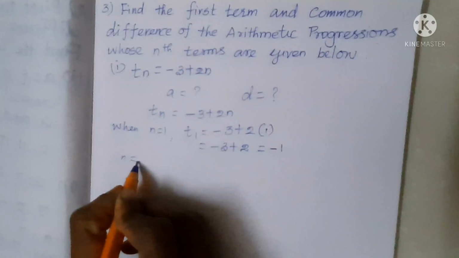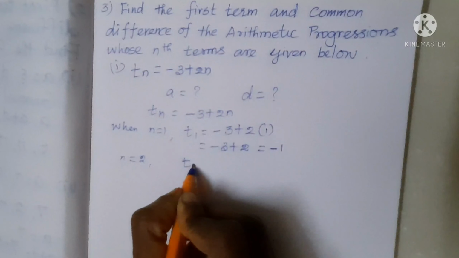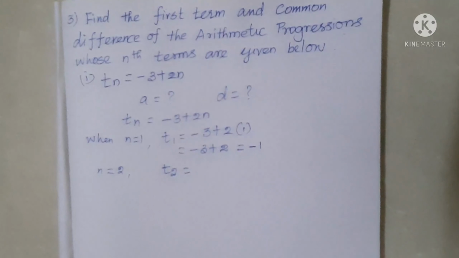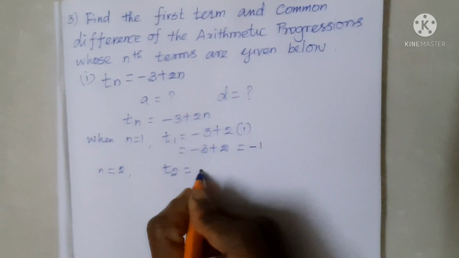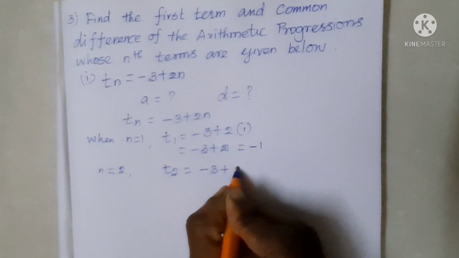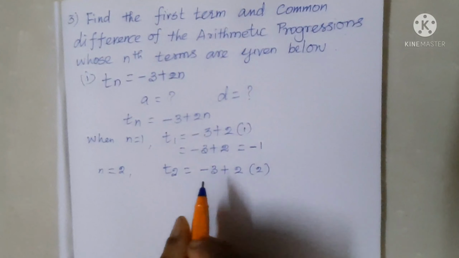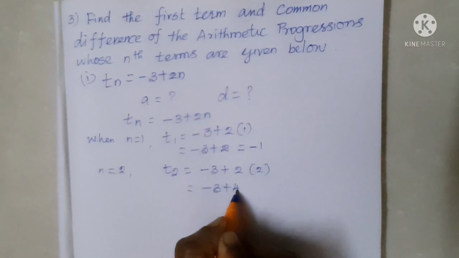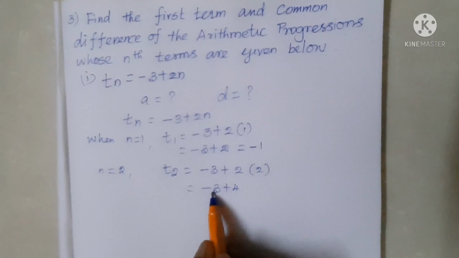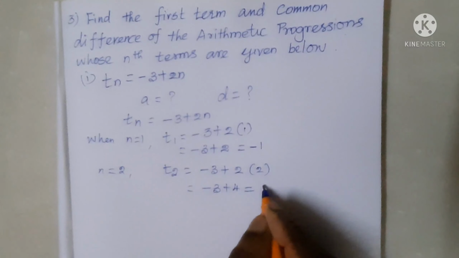Next you substitute n is equal to 2. You find T2. If you put n is equal to 2, then T2 is equal to minus 3 plus 2 into 2. Instead of n, you substitute 2. So you will get minus 3 plus 4. Two numbers with different symbols, you subtract, 4 minus 3 equal to 1.